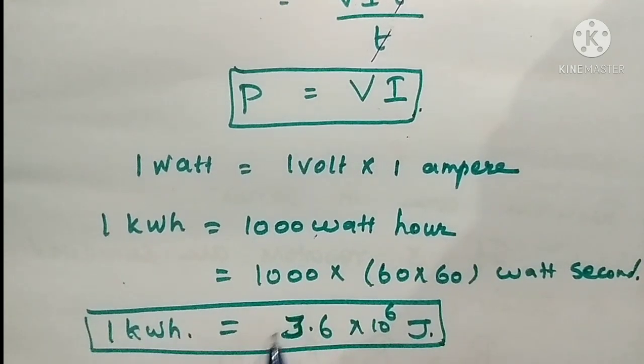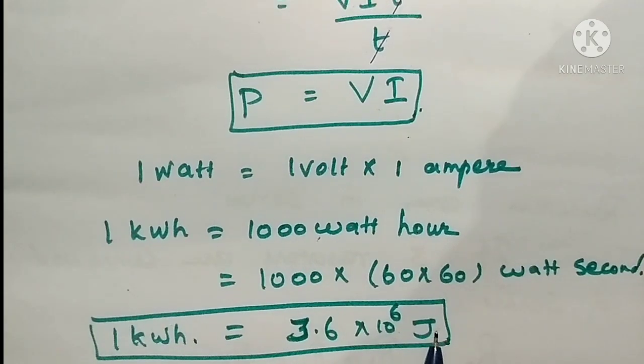So 1 kilowatt hour is equal to 3.6 into 10 to the power 6 joule. I hope you all understand all these words.